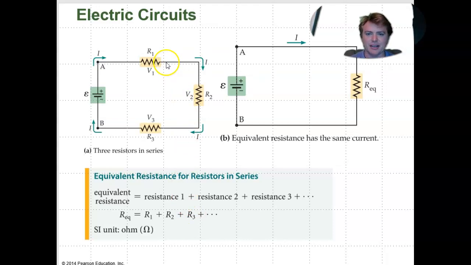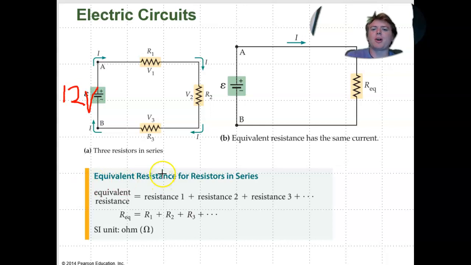So let's just say this was 1 ohm, 2 ohm, and 3 ohms. Well, the total resistance then is going to be 6 ohms. Then let's just go ahead and make this a worked example. Let's say that the voltage on our battery is 12 volts.